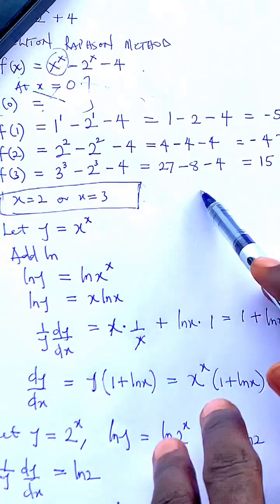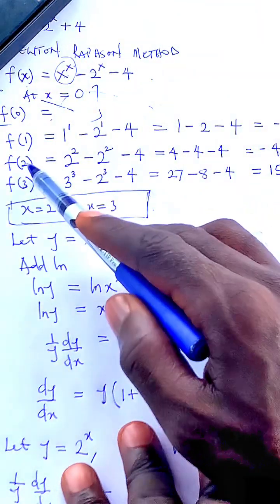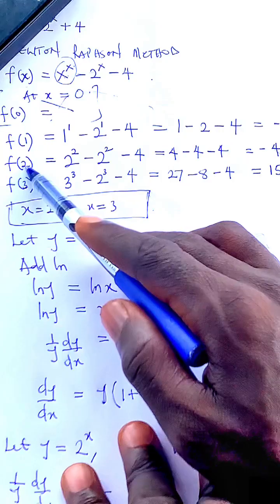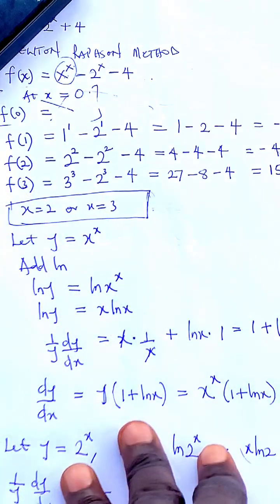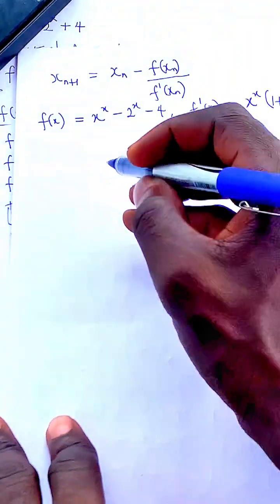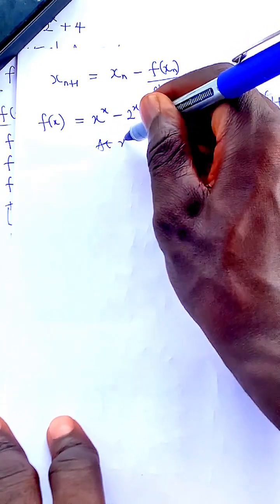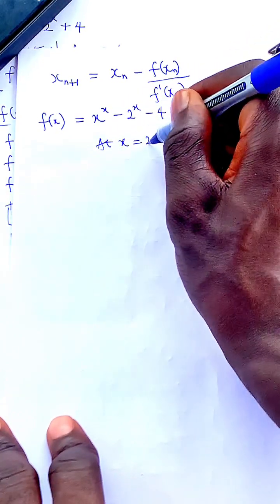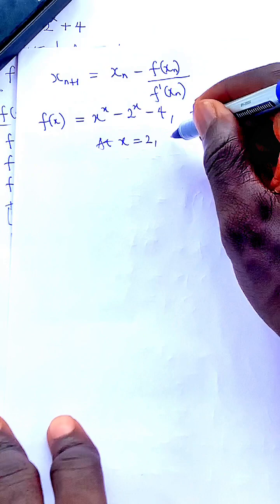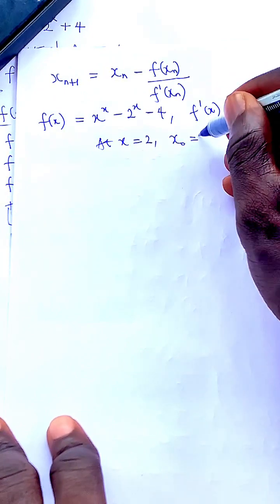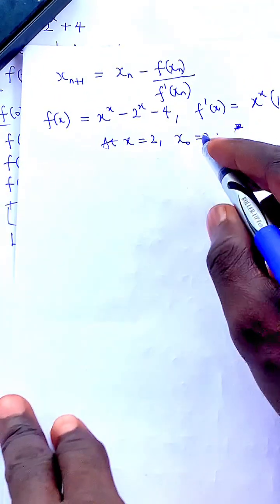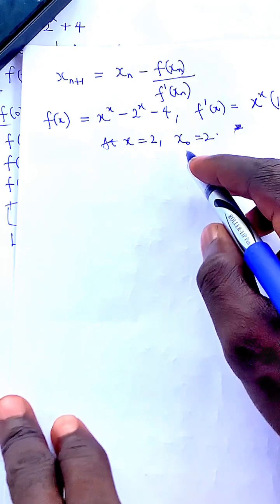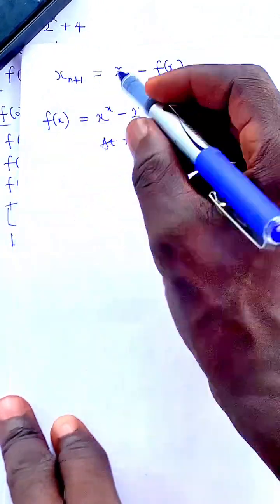Yes. So that means the first root will be 2, okay, at x equal to 2. At x equals 2, then we call it x naught.